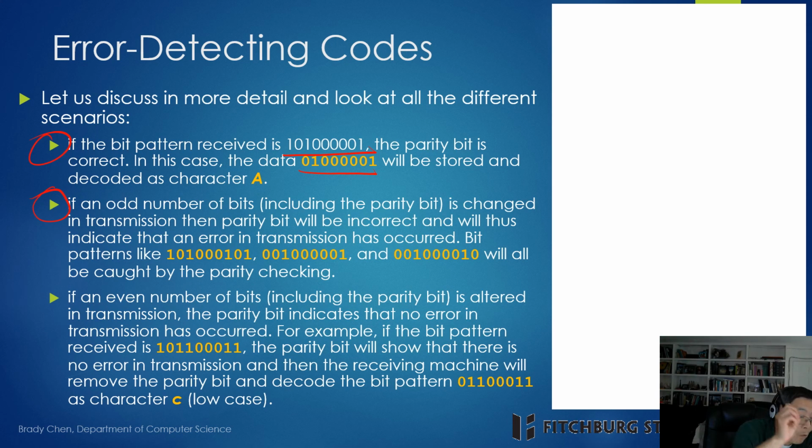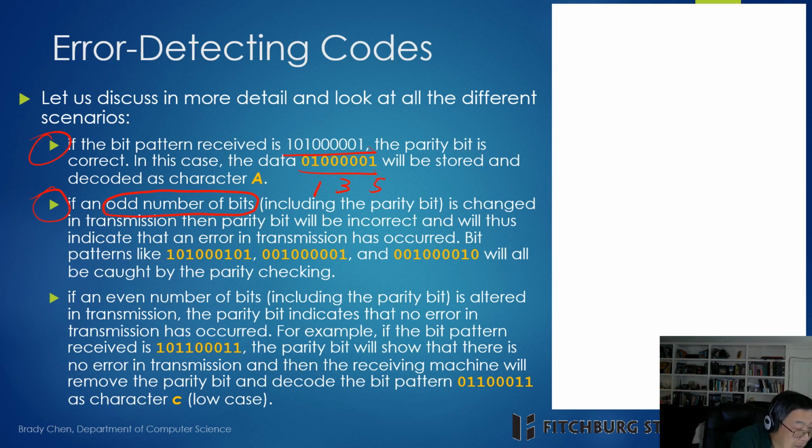Now the second scenario: if 1 bit is changed, this is going to change the total number of ones to an even number. So the parity checking is going to be able to figure out there's an error. Actually, not just 1 bit, even if an odd number of bits, like 1 bit, 3 bits, or even 5 bits, are changed in the transmission, then the parity bit will be incorrect.